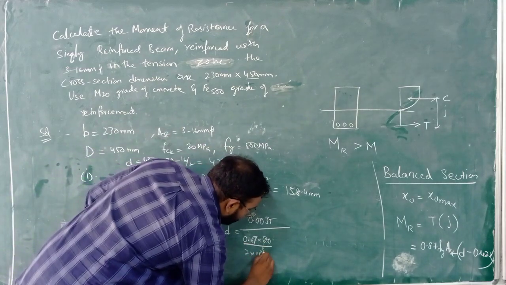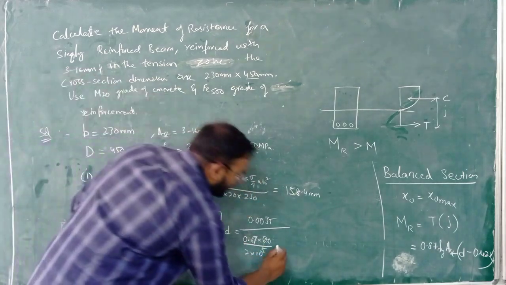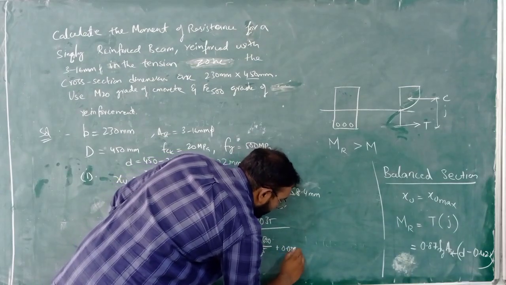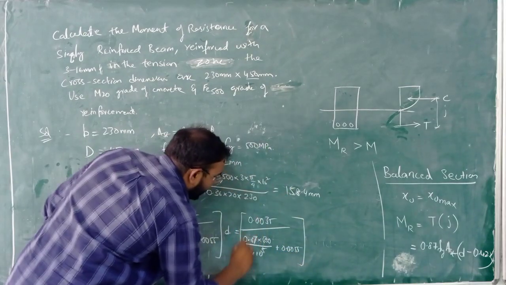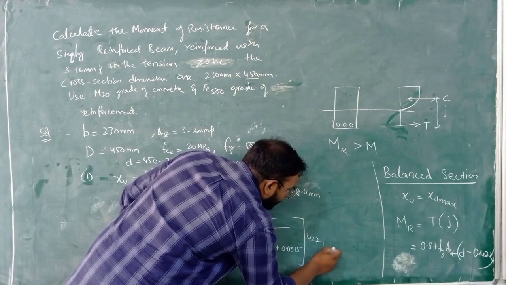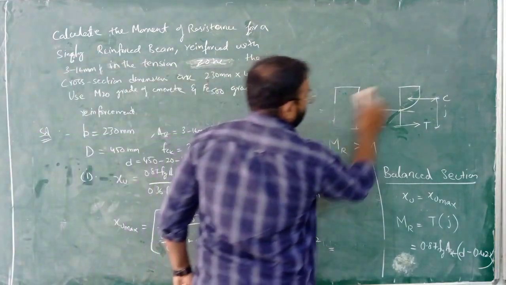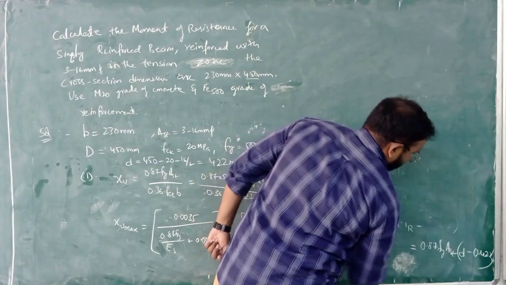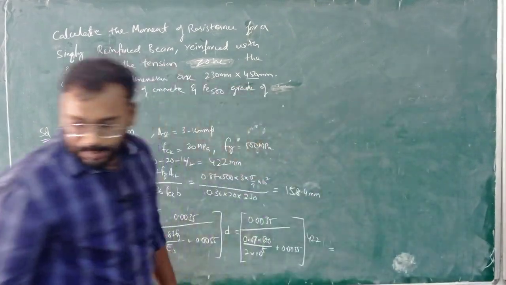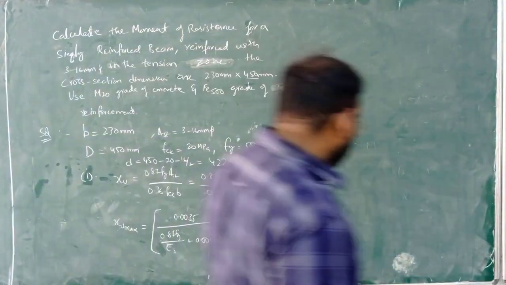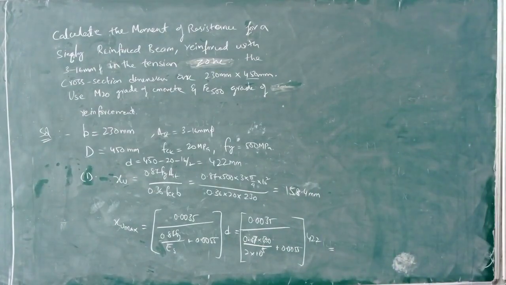So this is the actual depth of neutral axis which you are getting. Always remember, this xu is the depth of neutral axis. Whenever you get the answer, see that it is less than 450. It should be inside the beam. It cannot be outside the beam. It will always lie in the cross section of the beam itself.